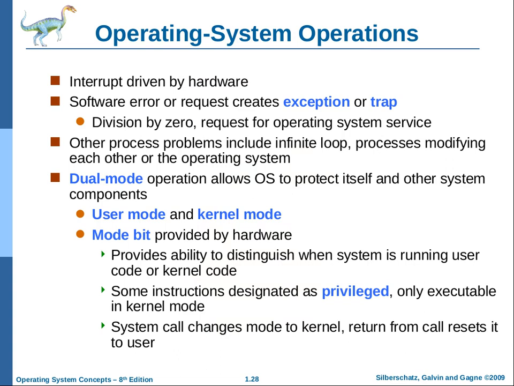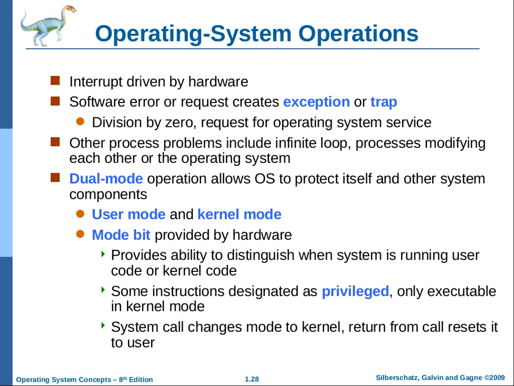All right, pulling it back to interrupts. Interrupts are driven by hardware. Software gives you the traps, like divide by 0. And then you have something called dual mode, where you have user mode and kernel mode. Are any of y'all familiar with these two modes? All right, this is actually a good question.